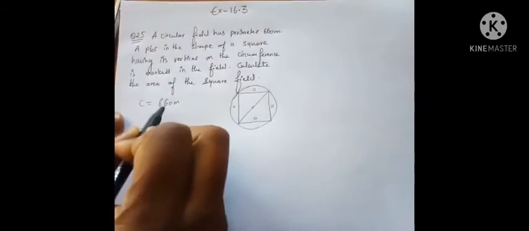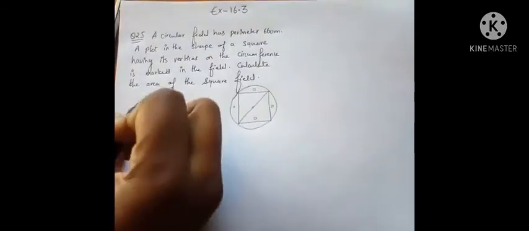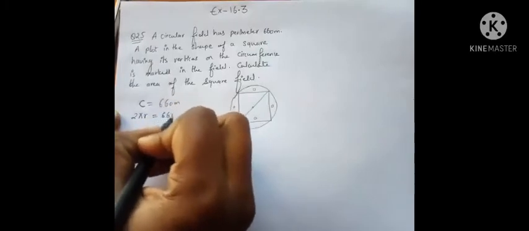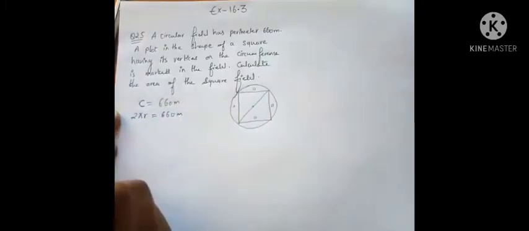They have given me the circumference, so I'll work on that. Circumference is equal to 660, and if I put the formula for circumference, 2 pi r equals 660 meters, isn't it?